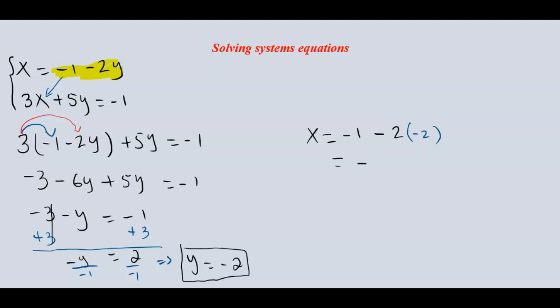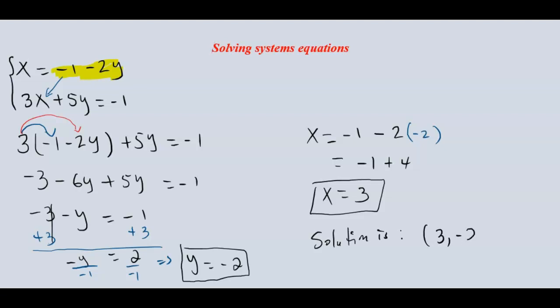Now, negative 2 times negative 2 is positive 4. So negative 1 plus 4 is equal to 3. So x is 3, y is negative 2. So your solution is 3 and negative 2. That's when x is 3, y is negative 2.